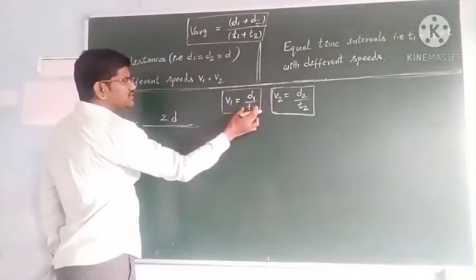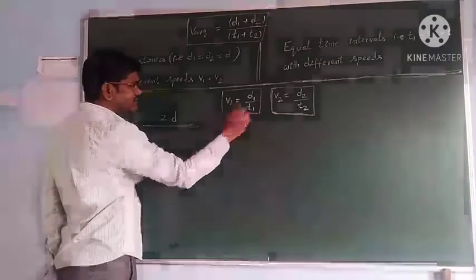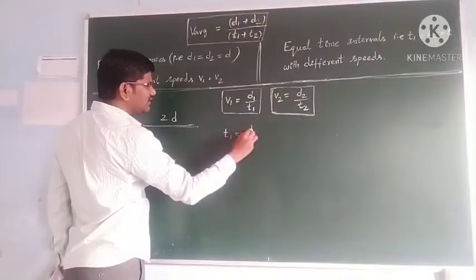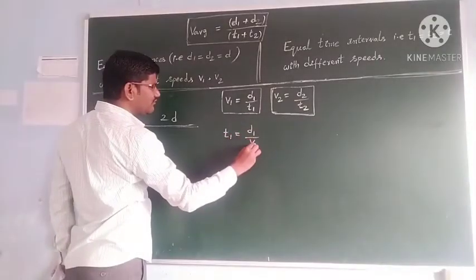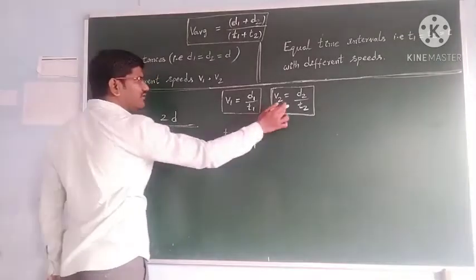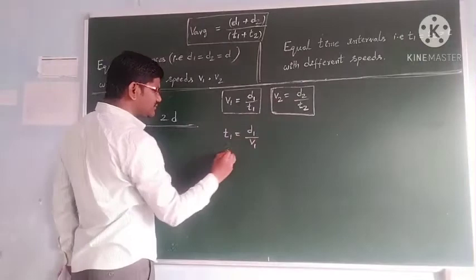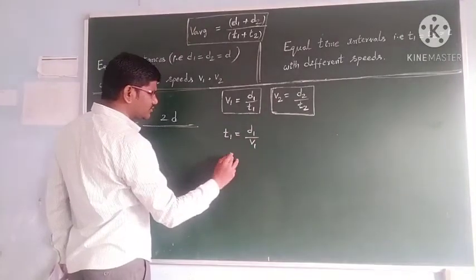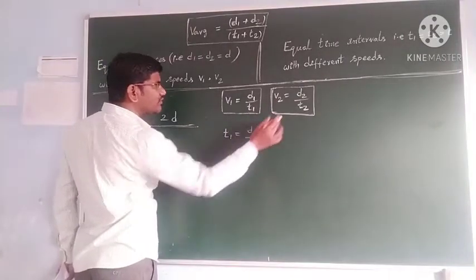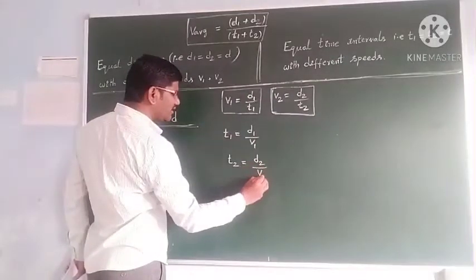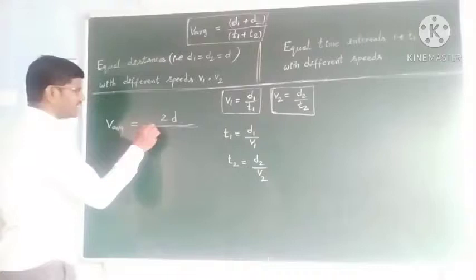From this formula make t1 the subject. What will you get? t1 is equal to d1 by v1. And from this formula for v2, make t2 the subject. Then what will you get students? t2 is equal to d2 by v2.